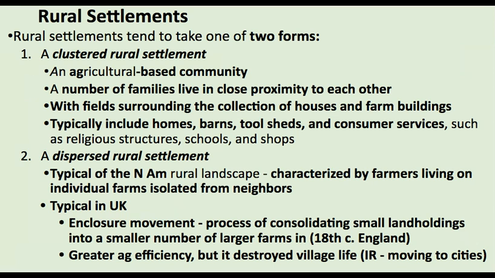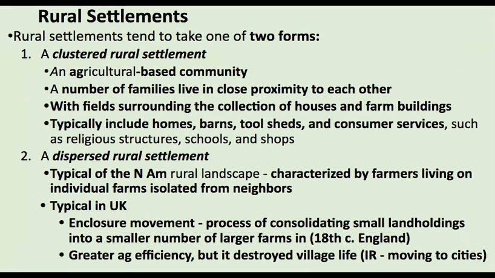This is an interesting thing that changes the landscape of the United States. But the United States is not the only place where there are rural settlements, and it's interesting to compare it to a place like the United Kingdom. The United Kingdom had an active role to play in how their settlements look and where the importance lies, in the 18th century or so, through the introduction of the enclosure movement. The enclosure movement was the process of taking a bunch of small individual land holdings, farms, and putting them into big ones, which changed the whole rural landscape of the UK at that time.